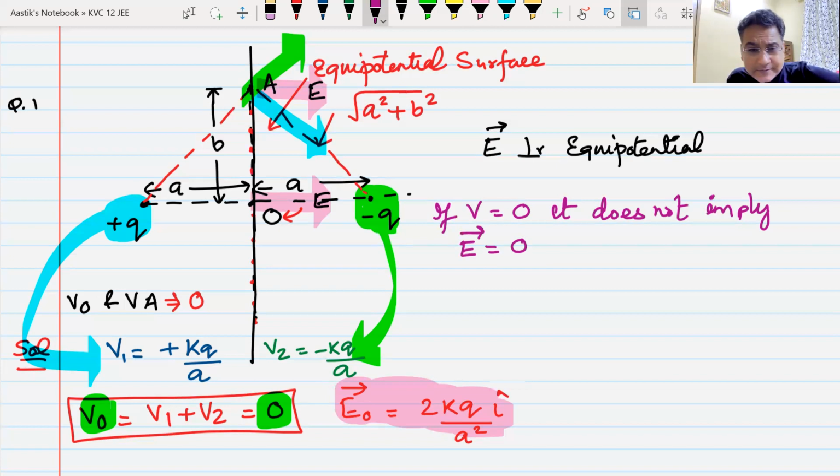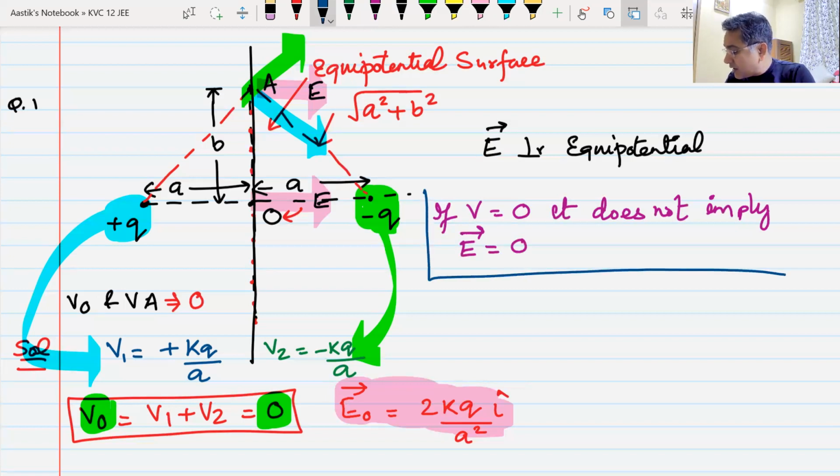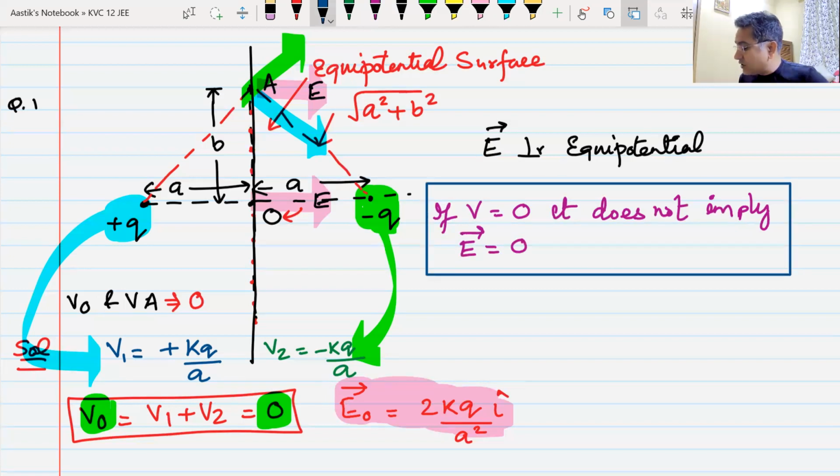Do we understand this? It is the first point. Any of these points can end up in your paper as a potential question.